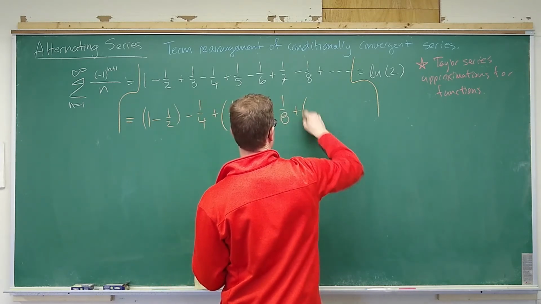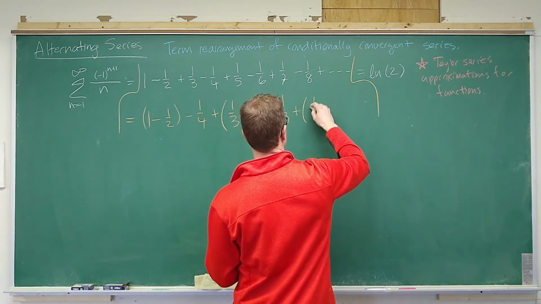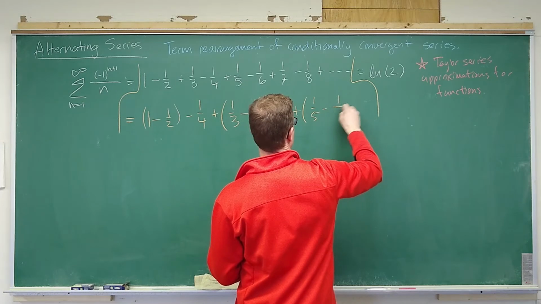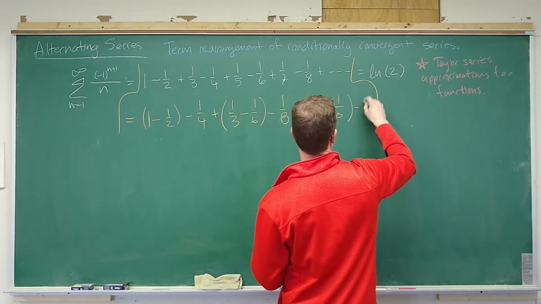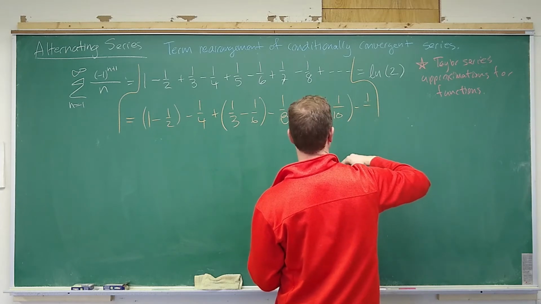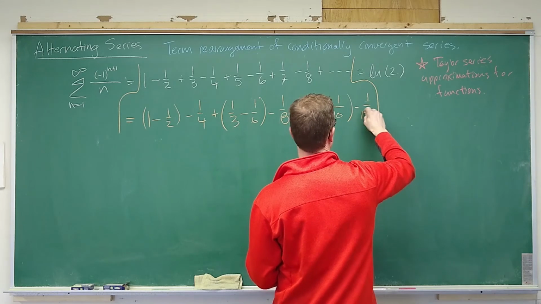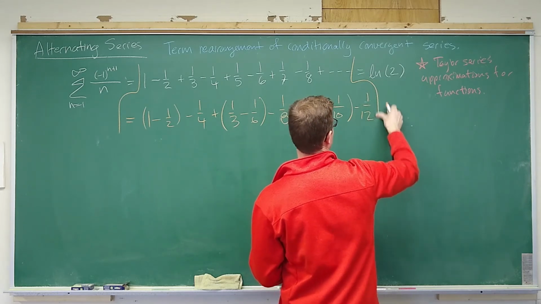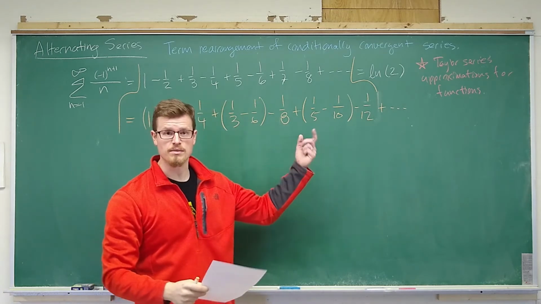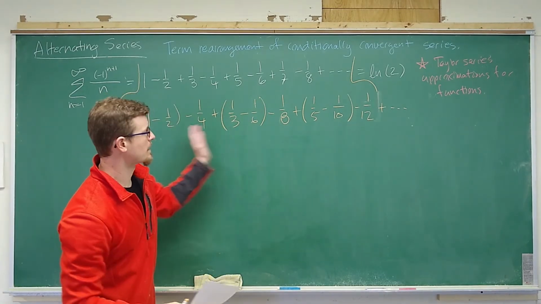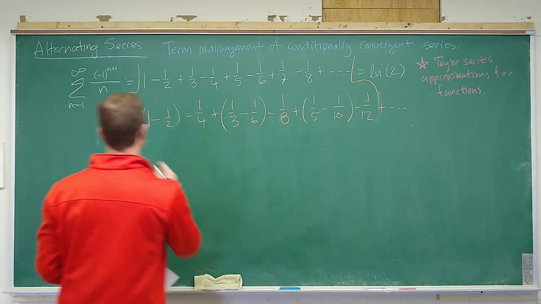And then I'm going to add 1/5 minus 1/10. And then I can subtract 1/12, is what I would like there. And I would continue adding on. So this is a rearrangement of the terms. You'll notice that every term would get used by rearranging them in this way.